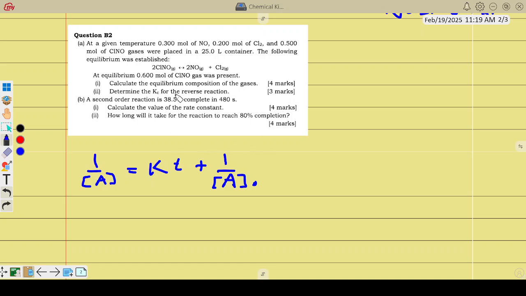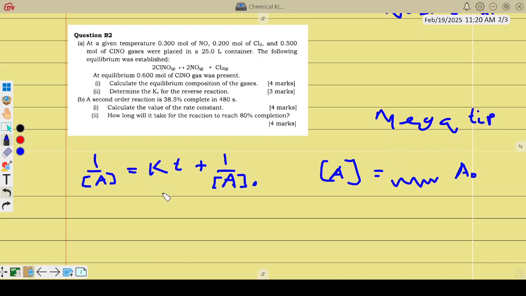Remember, when you have percentages, it means the final concentration is a certain percentage of what is left times the initial. So take note of this mega tip. This is not usually taught, but you just have to know, unfortunately.